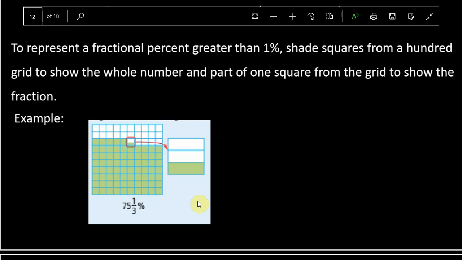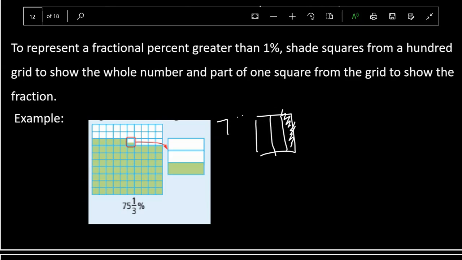You'll see they've shaded in 75 squares, and then for the fractional percent, they've taken that block out, and just like before, they split it up into 3, and they shaded in one of those 3.